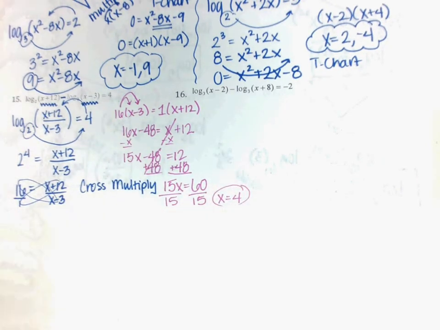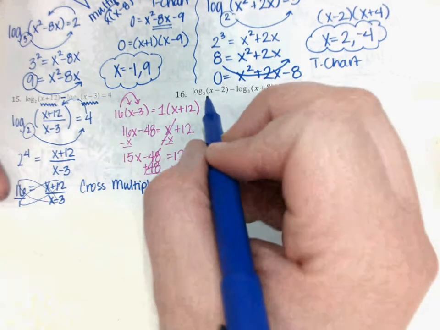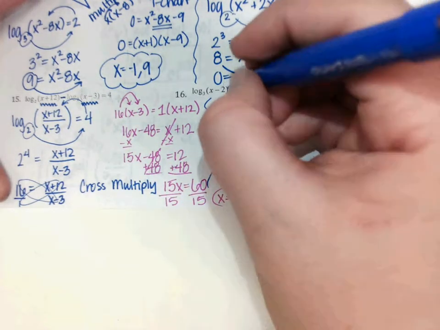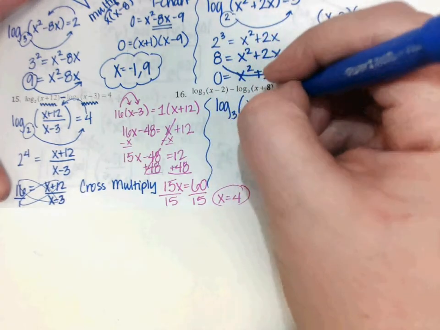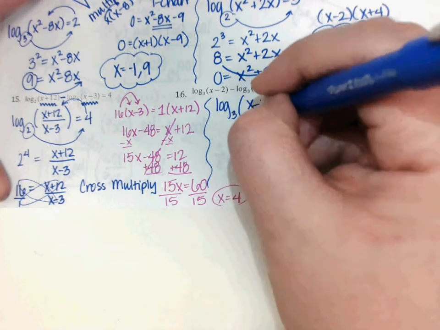Good job. So you'll notice that your homework for today is pretty short, but it's because they kind of take forever, right? Okay, number 16. How do I start it off if there's a subtraction? Divide. So I have log little 3. And then I have to divide x minus 2 over x plus 8.